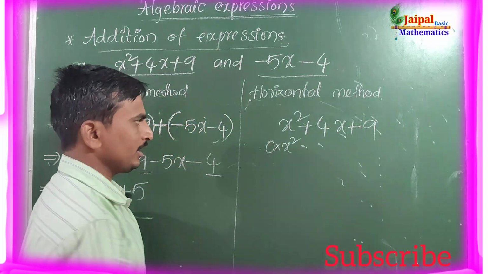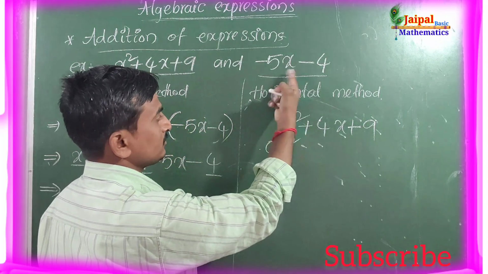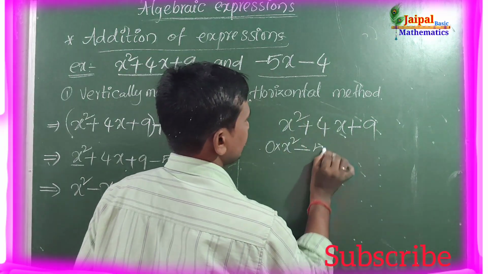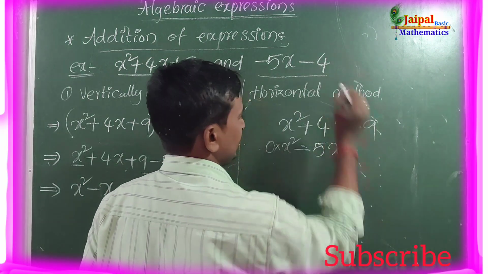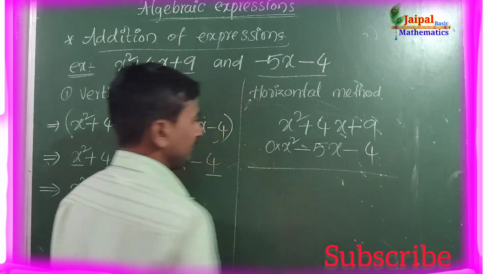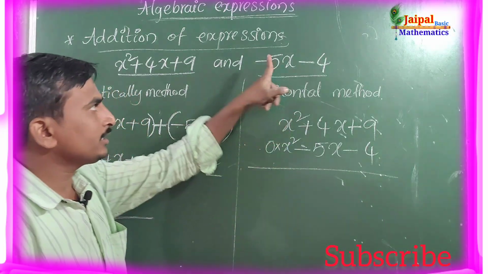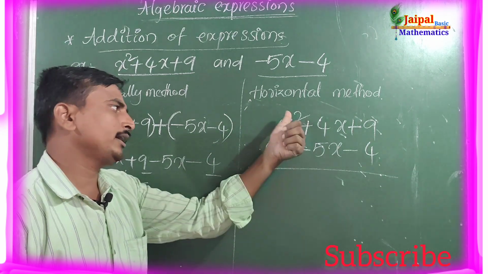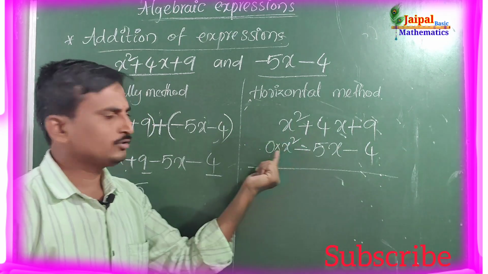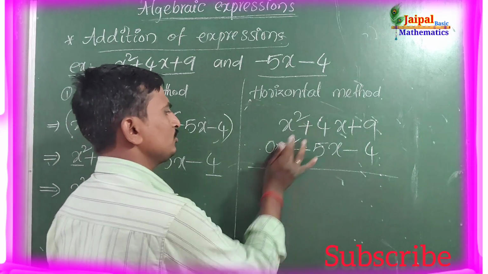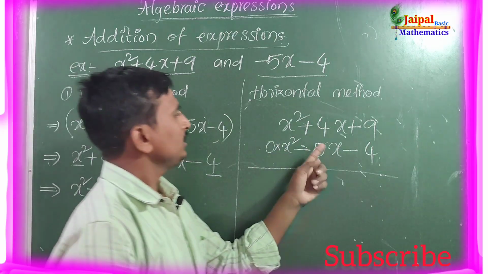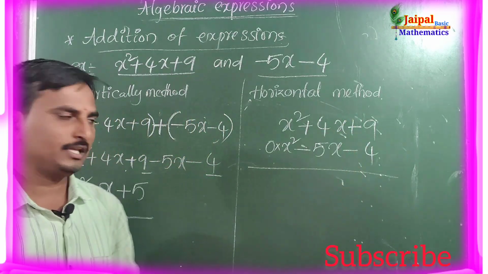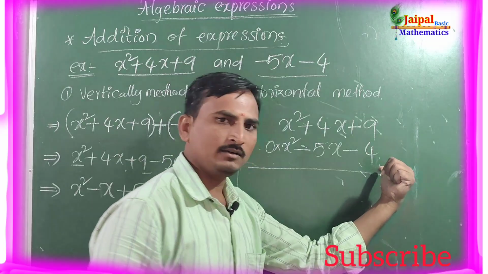Okay? Because the x square term is not there, instead of the x square term, I wrote 0 into x square. 0 into x square means 0, so the value cannot change. Here 4x is one term and the 5x term is at the bottom of the same term. The constant term goes beside the constant.